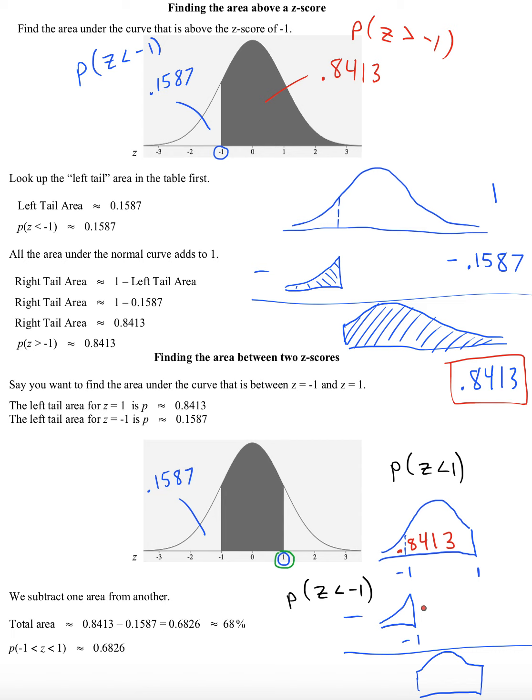Okay. That's this little piece. So what we're going to do is subtract the two. 0.8413 minus 0.1587. What does it give us? 0.6826, which is the area that we want.